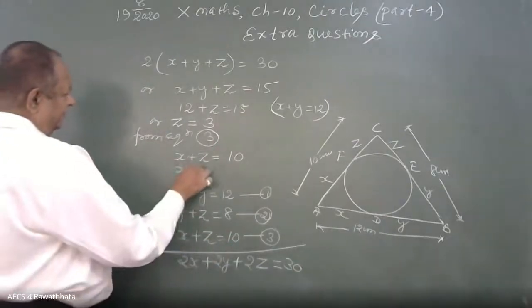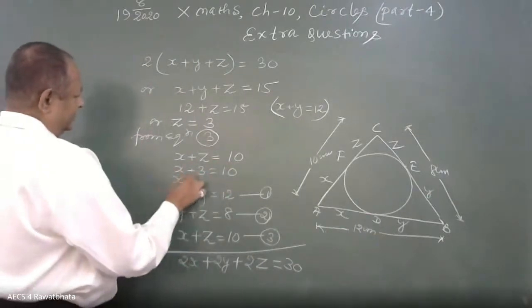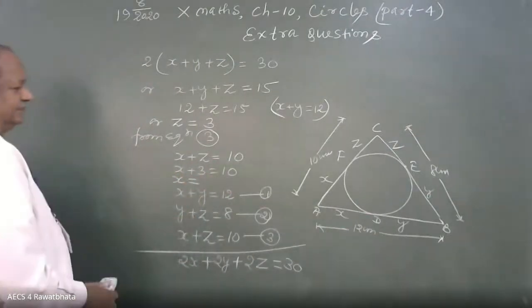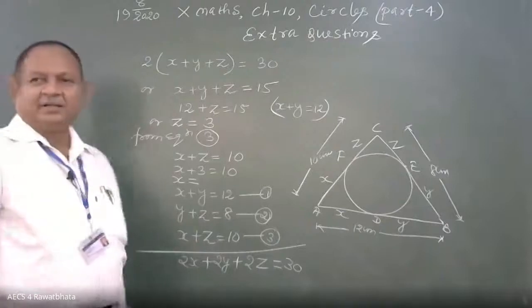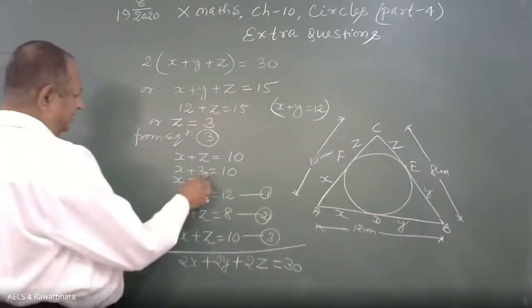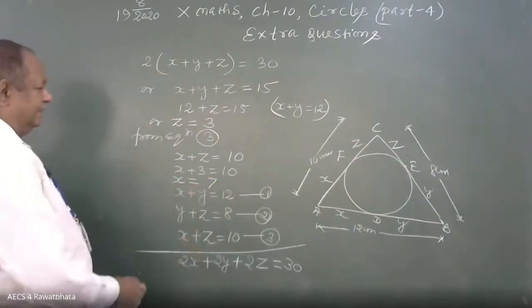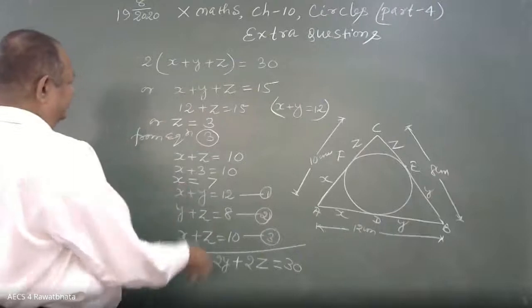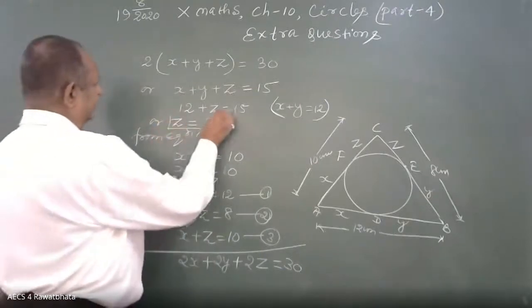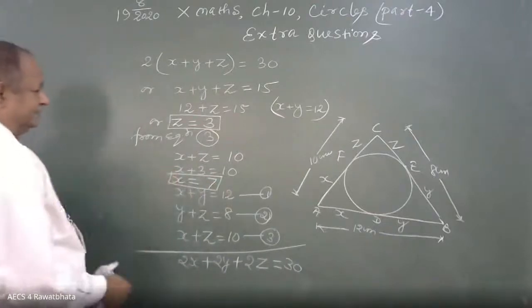So x plus 3 is equal to 10. So x is equal to 10 minus 3, that is 7. So x is known, z is 3, x is 7.